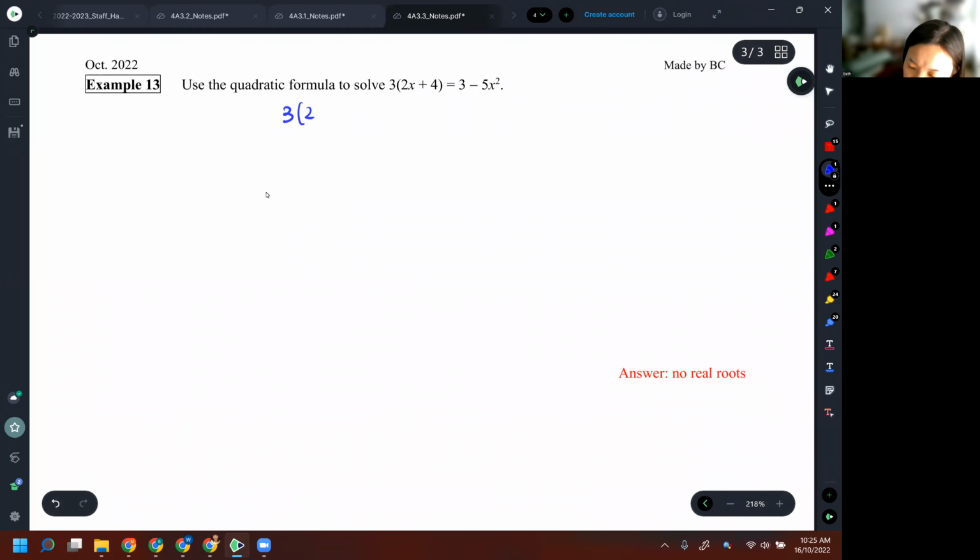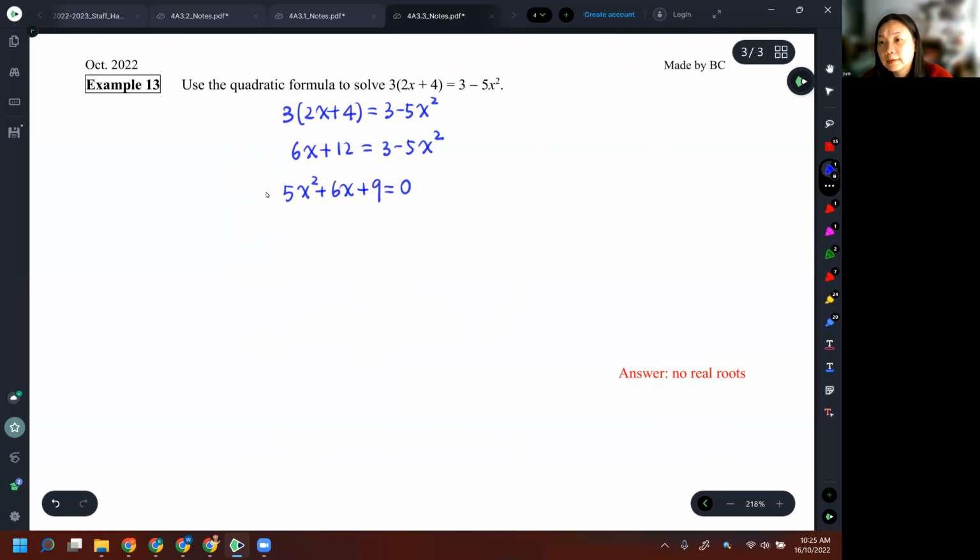Next question. Copy the equation. Expand. Move all the terms to the left. Make sure everything is correct.